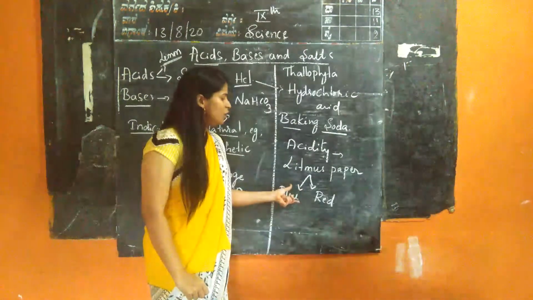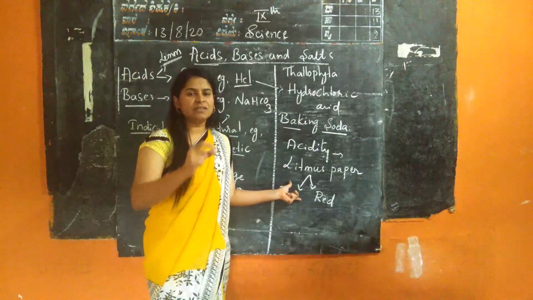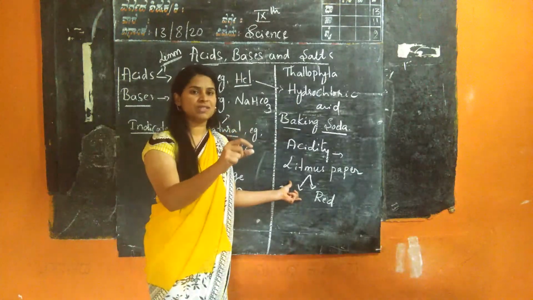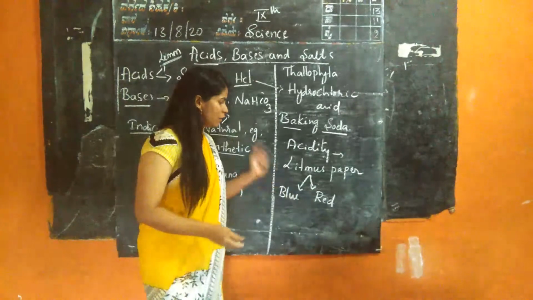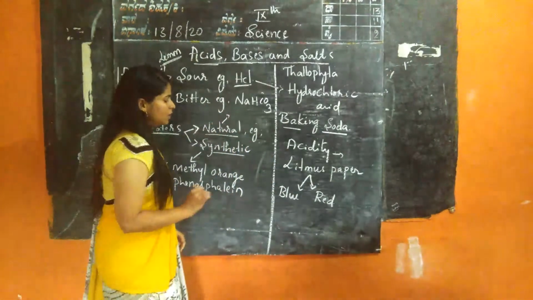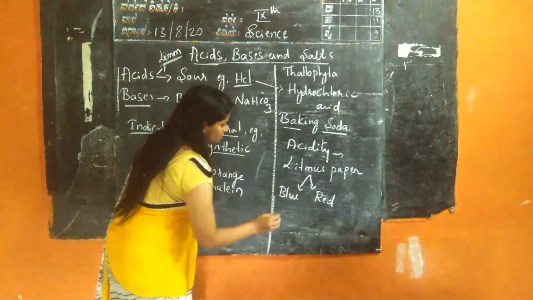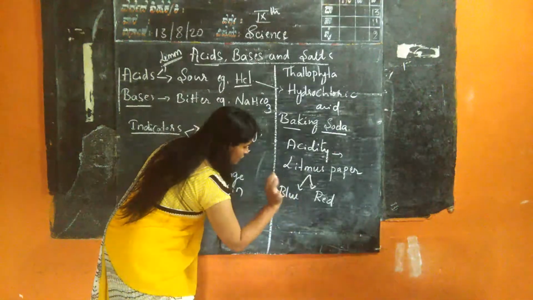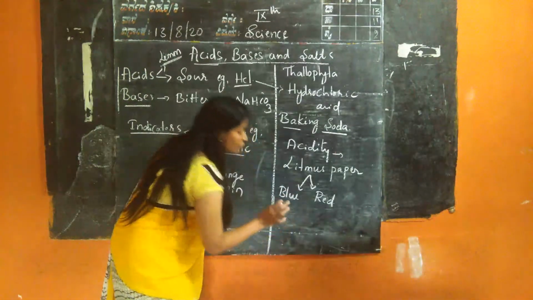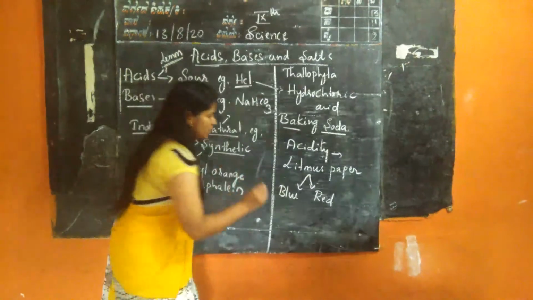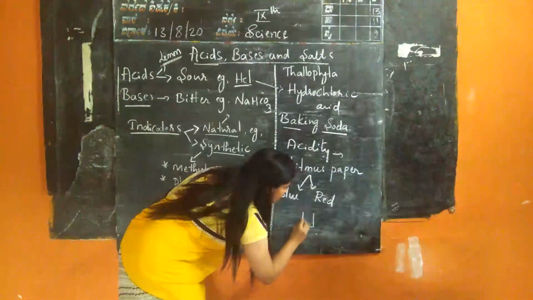Then how are we going to identify whether a solution is acidic or basic? I will give a clear idea about that. Just see here. If we have one solution, for example, and you don't know what that solution is.